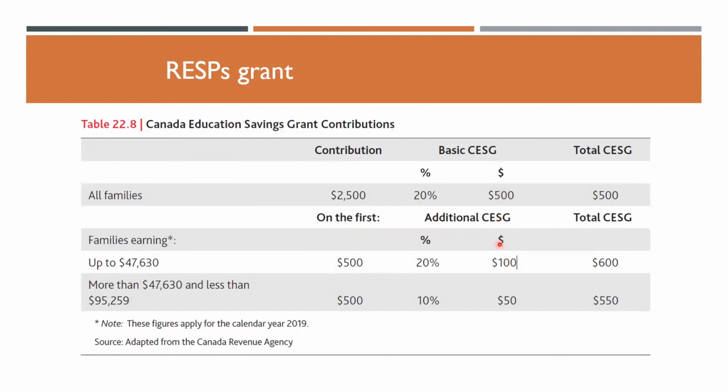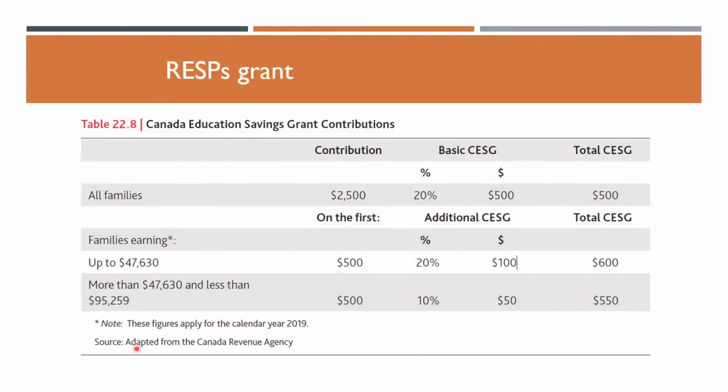So 500 plus 100, that family will get $600. If the income is more than 47,000 and less than this amount, 10% of 500 is $50. So 500 plus $50, they will get $550.